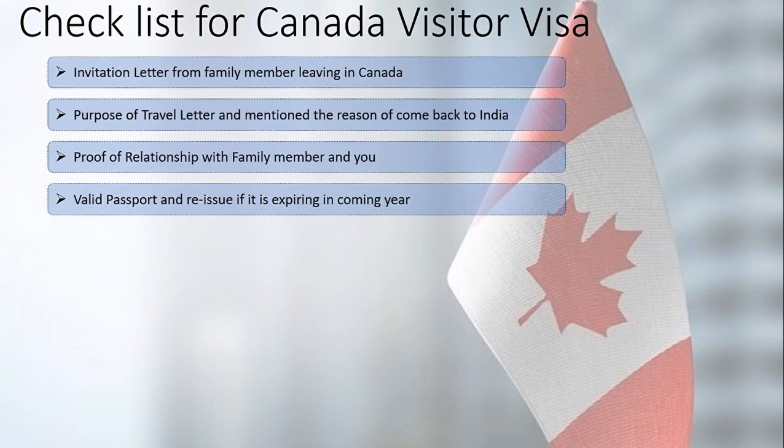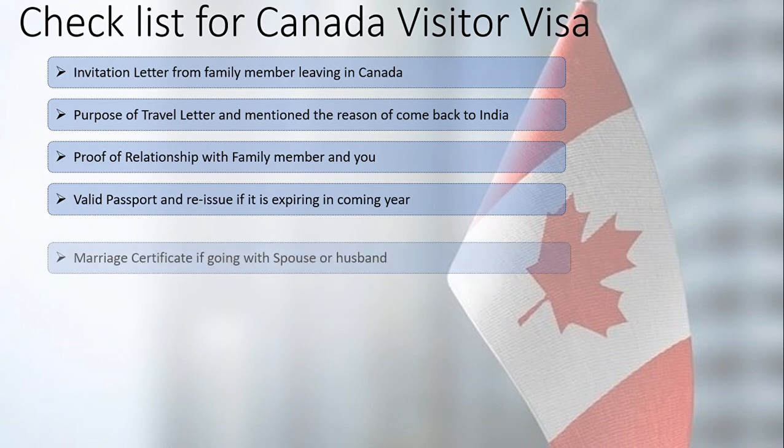So if your passport is expiring in the next 1 or 2 years and you are approved, your visitor visa is also valid only for 1 or 2 years. So it is better to reissue your passport so that the validity of your visitor visa will be extended.